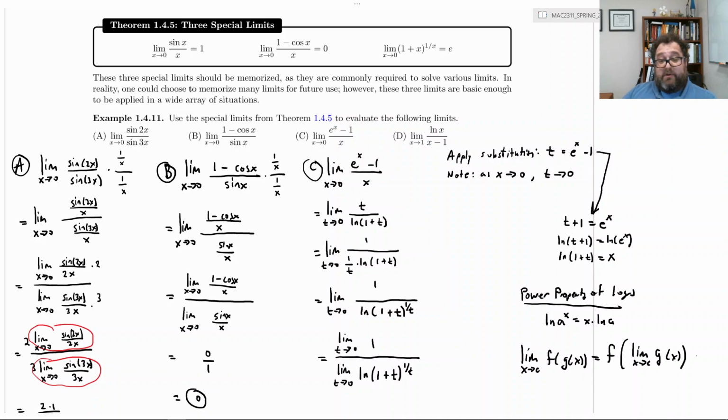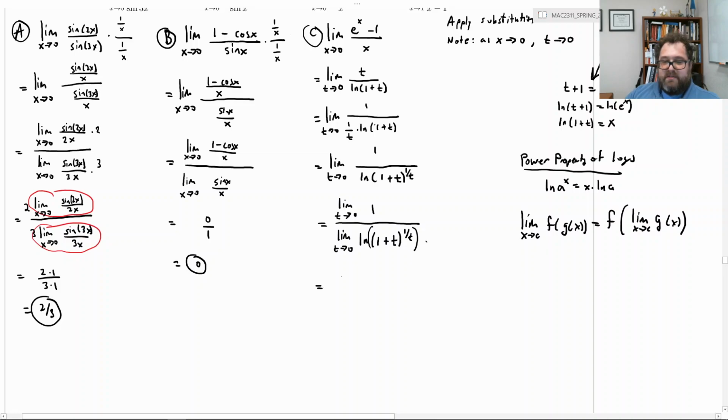Okay, so we do have a composite function here. We have natural log of this expression. In other words, there's understood parentheses right here. The inside function is 1 plus t to the 1 over t power.